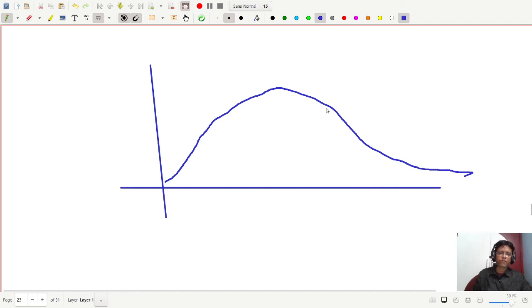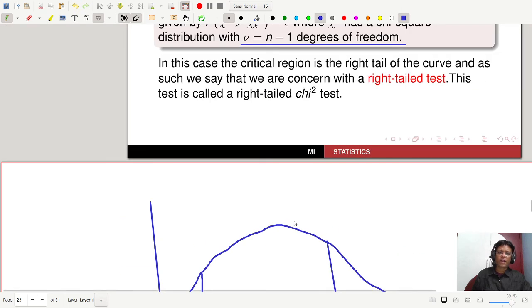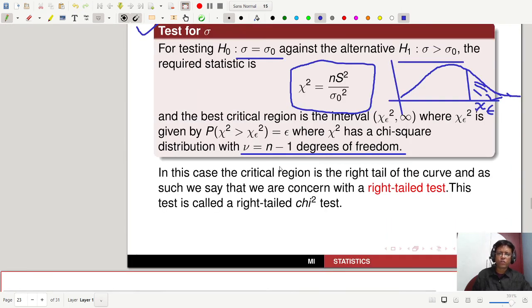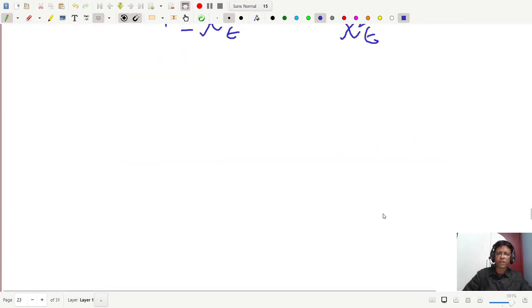This type of curve. So suppose this is your chi-square epsilon, and this side you have chi-square minus epsilon. So you might have both side test, and left tail test also. So this chi-square distribution is chi-square with n minus 1 degrees of freedom.